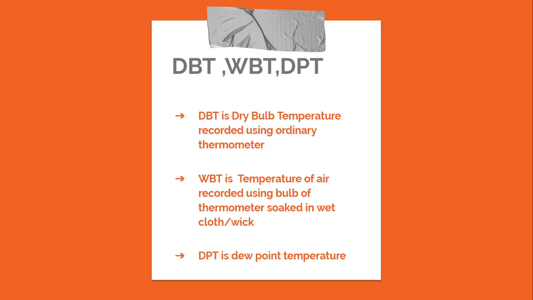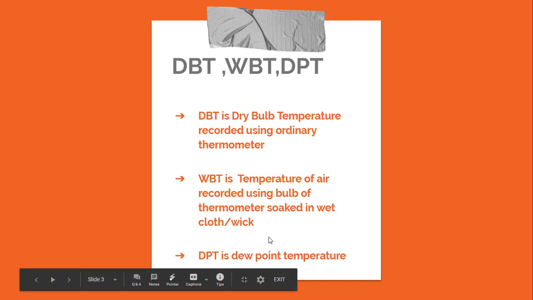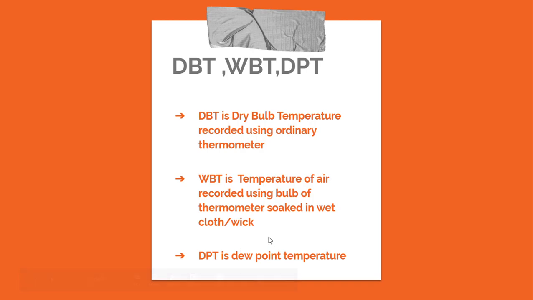If you cool that ambient air in air conditioning equipment to a certain temperature, that superheated vapor becomes saturated and ultimately dew drops are formed. So the temperature at which the water vapor present in the moist air starts condensing, starts becoming dew, is known as the dew point temperature.